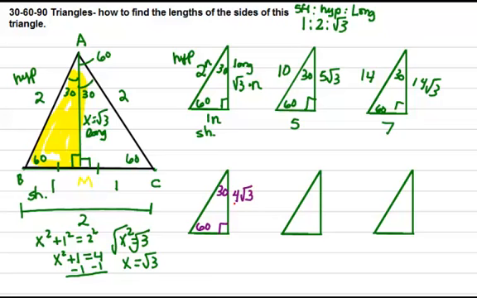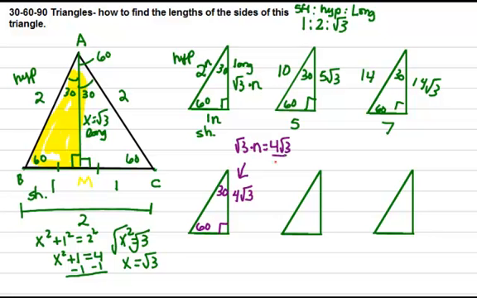Okay, so now we're going to work a little bit backwards here. We know that the long leg is the square root of 3 times n. If you substitute in, the square root of 3 times n is equal to 4 square roots of 3.